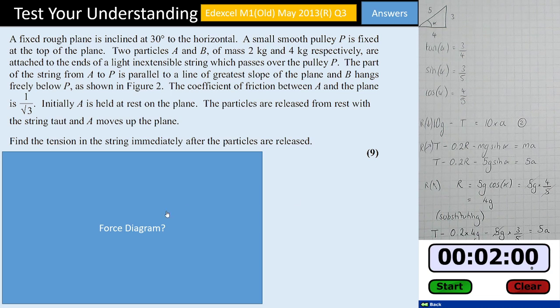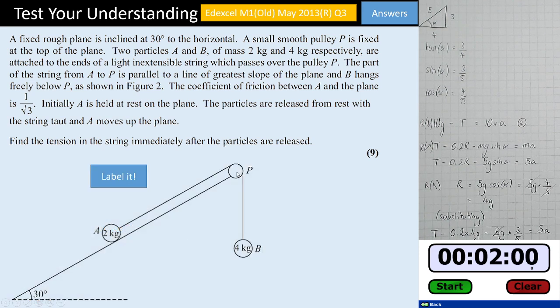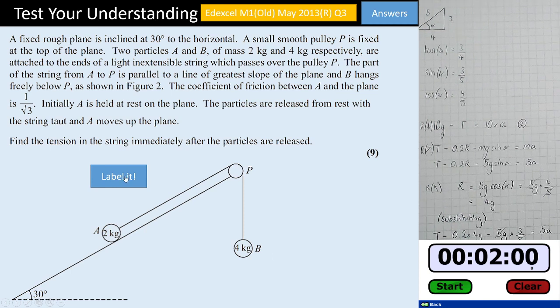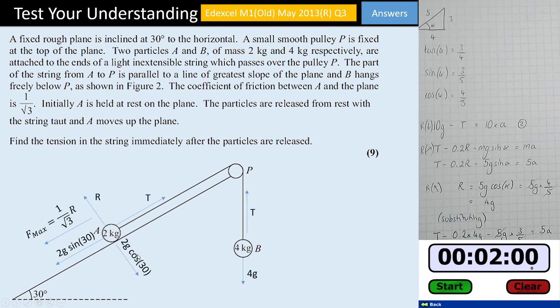So, our diagram. This is the picture that we're imagining. We need to make sure that everything is labeled. So, what have we got? We've got the components of the weight that act parallel and perpendicular to the 2 kilogram mass.